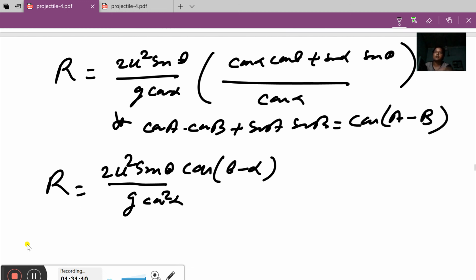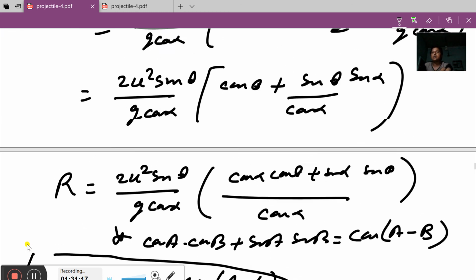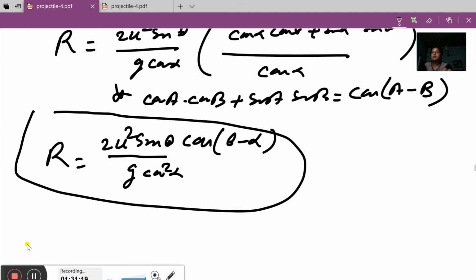This is the formula for range. What is the difference? In the upward projection this sign is positive and in the downward direction this sign is negative.